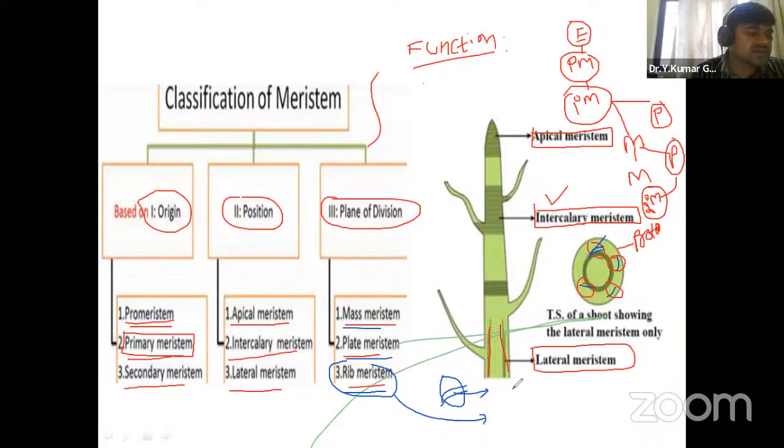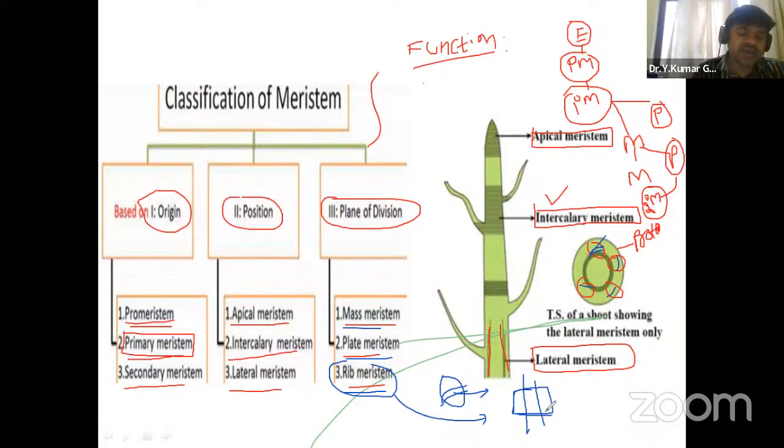The rib meristem cells divide only anticlinally. Anticlinal division means, for example, this is the cell, and this division is called anticlinal division.